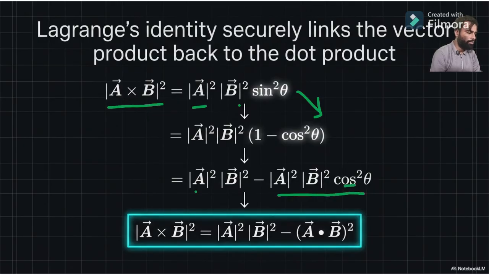Now look, this is the dot product. So the final result is that A cross B, squared, is equal to A squared B squared minus A dot B, entirely squared. This is called our Lagrange identity.